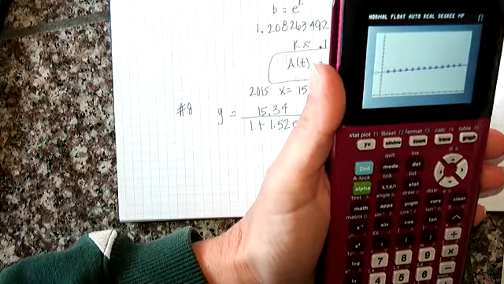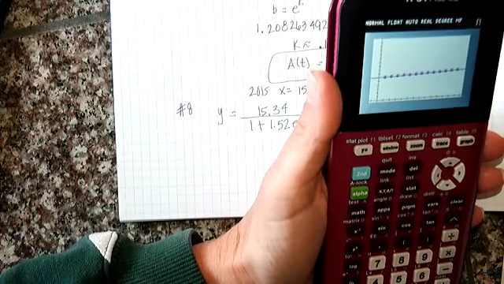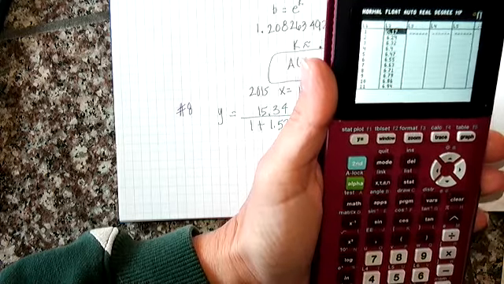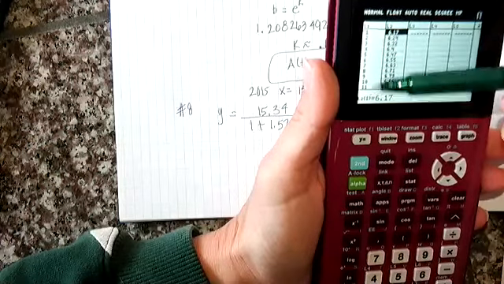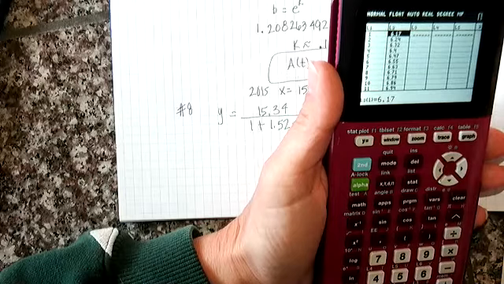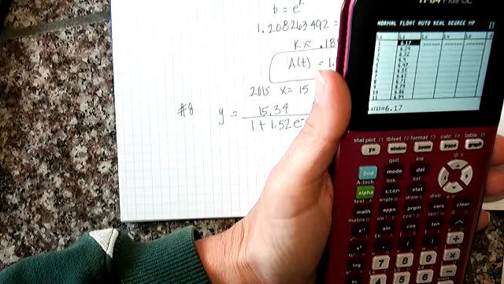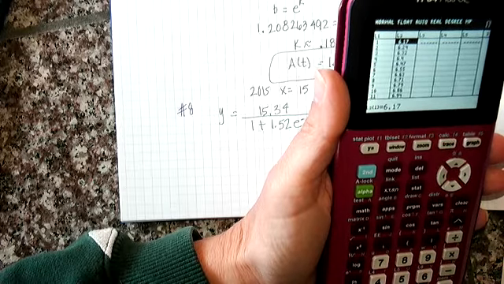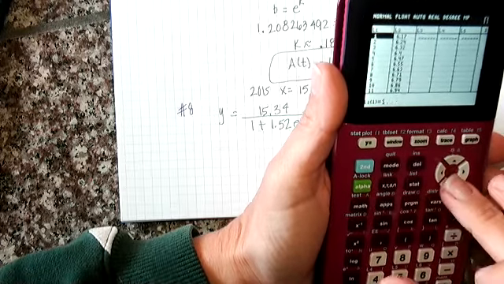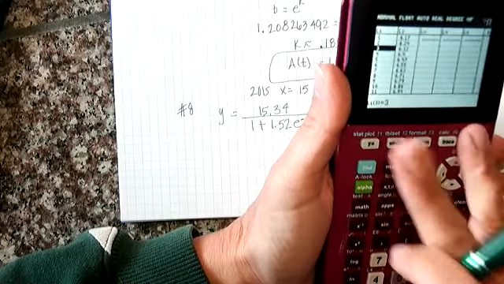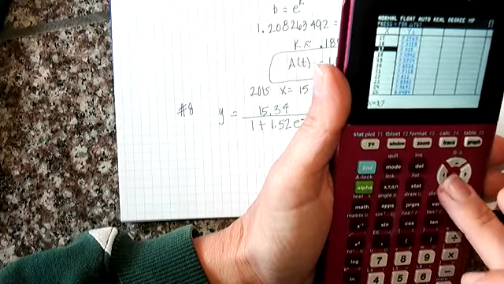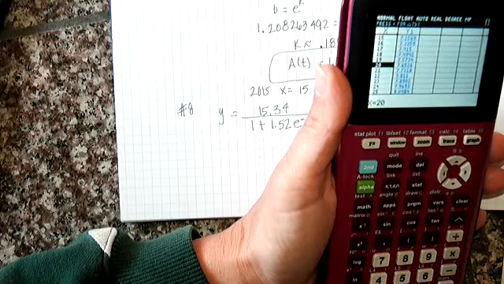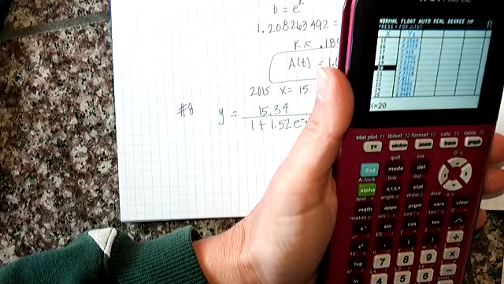So they want to know in the year 2020. Hopefully you did too. I did my years from the year 2001, so I had that represent 1. So the year 2020, which would be 20, I'm just going to second table. $7.65 billion.